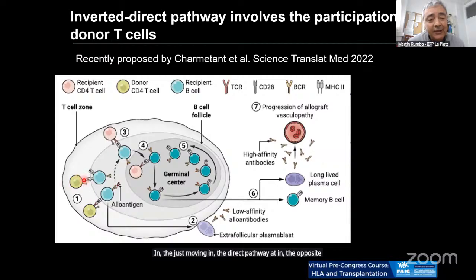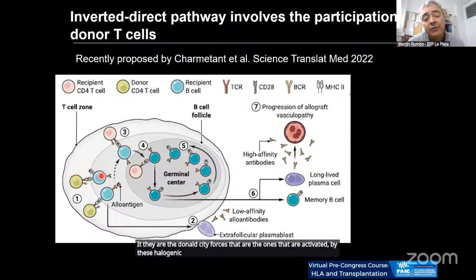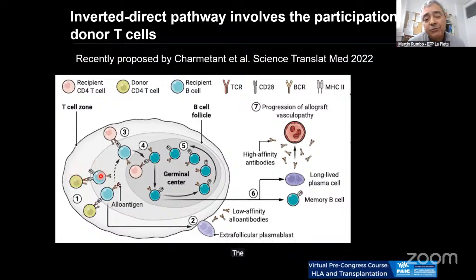So it is the donor CD4 cells that are activated by this allogenic reaction and cooperate with the recipient B cells to generate a donor-specific antibody response.